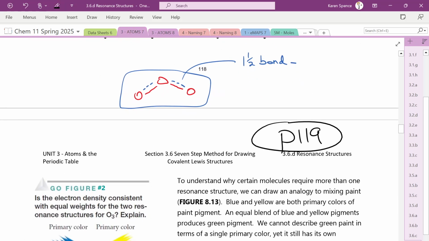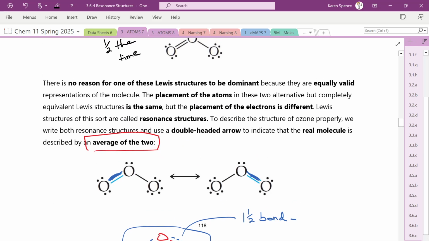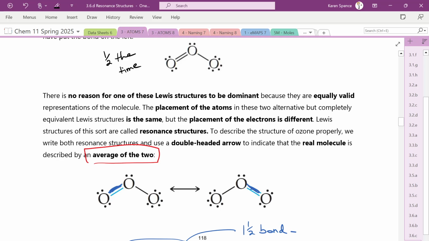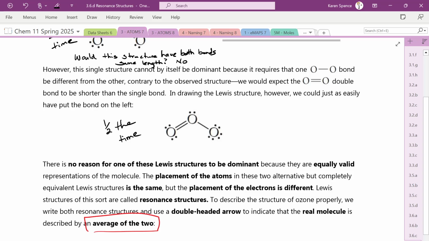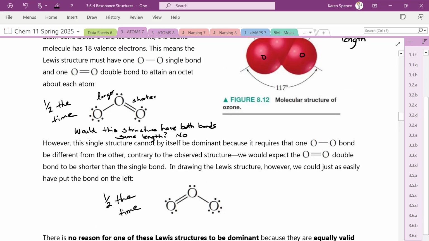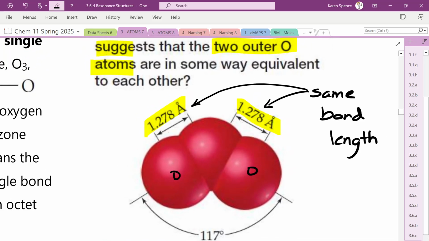Now, in reality, what we discovered is that the bond was never actually a single bond, and it was never actually a double bond, because the bond length is actually halfway between the length of a single bond and the length of a double bond.